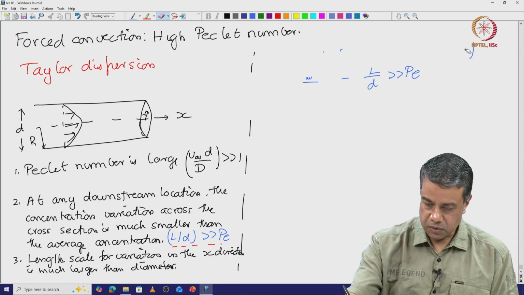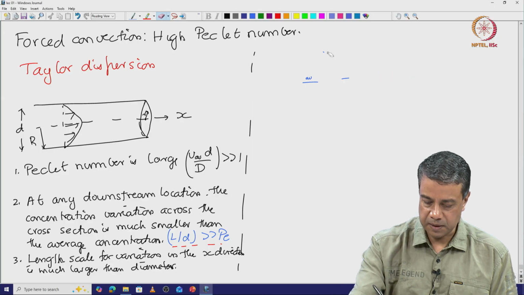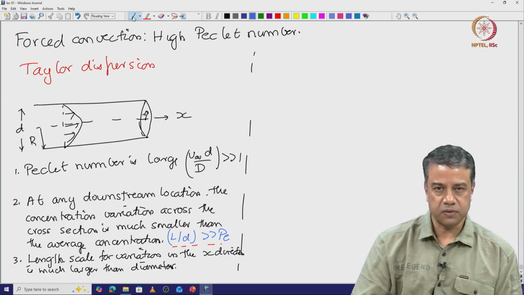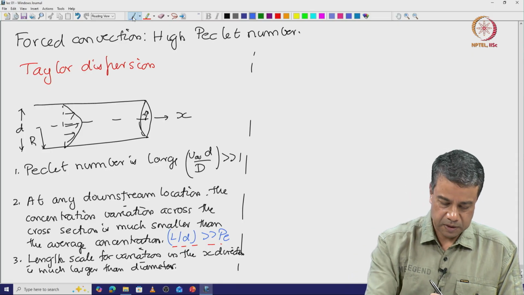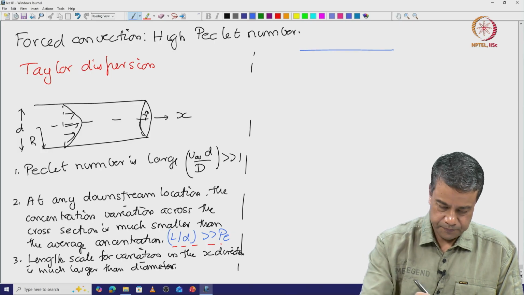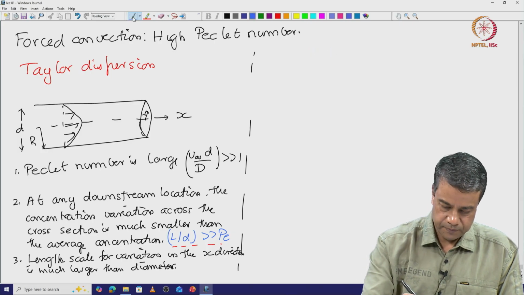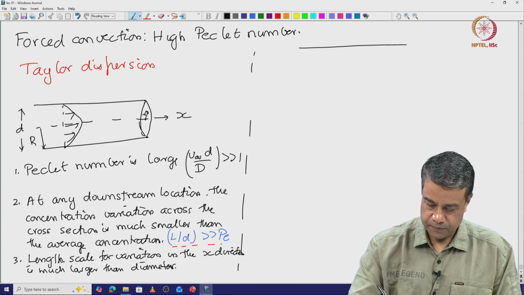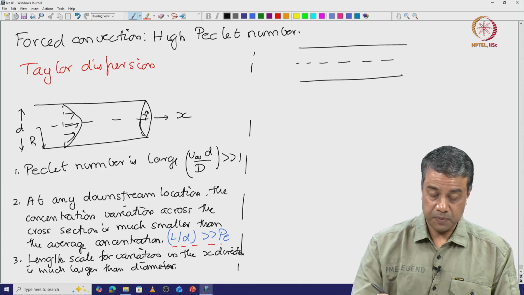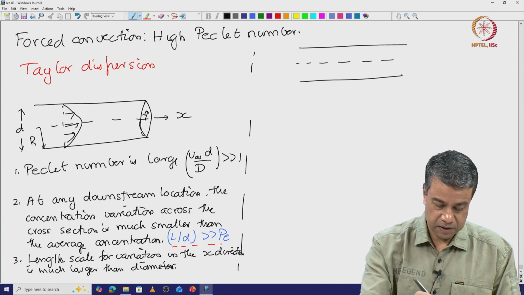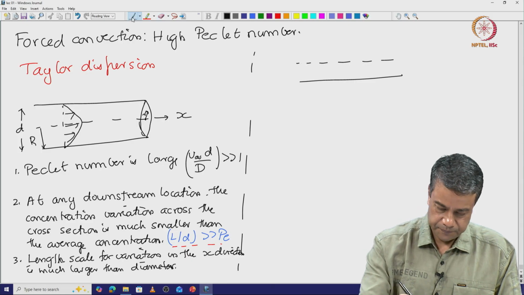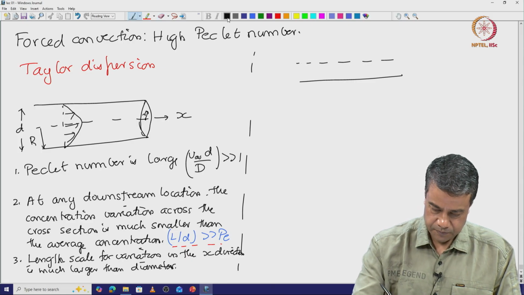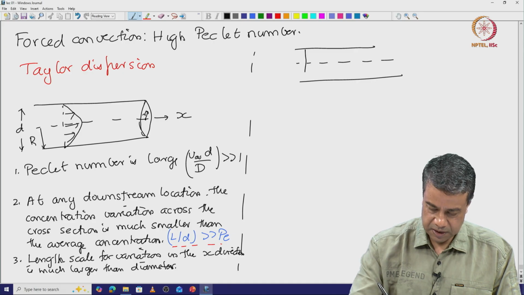So, why should this dispersion happen? Let us look physically at what happens. I have a pipe here, and let us say that I had a plug flow, where there was no cross stream variation.